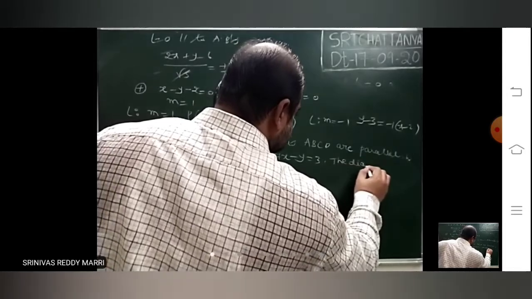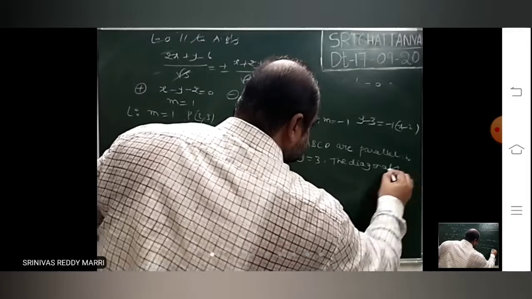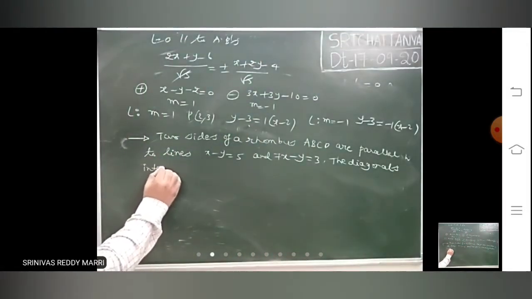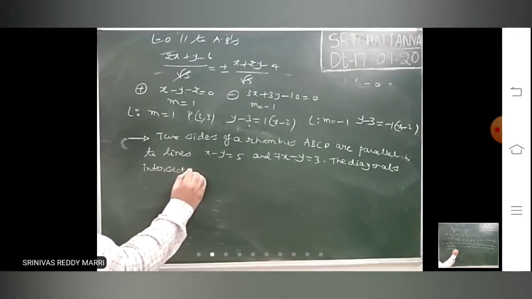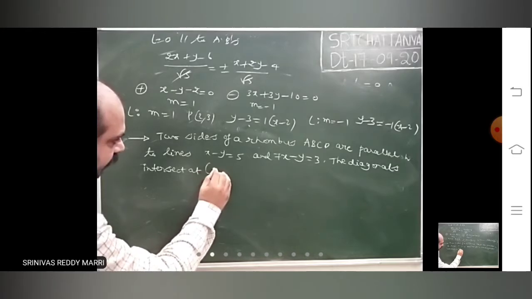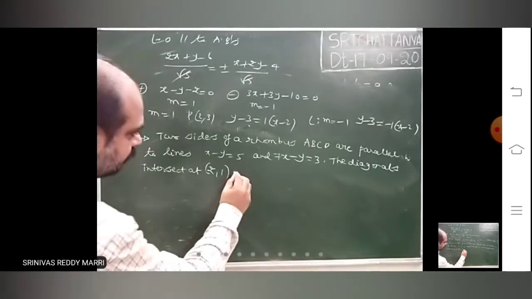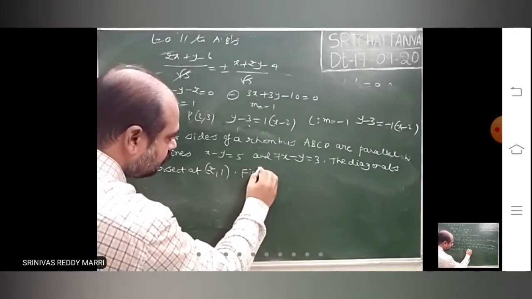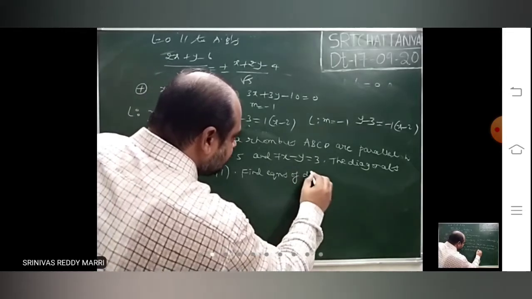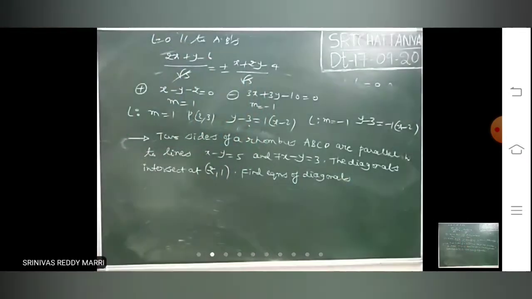The diagonals intersect at (2, 1). Find the equations of the diagonals.